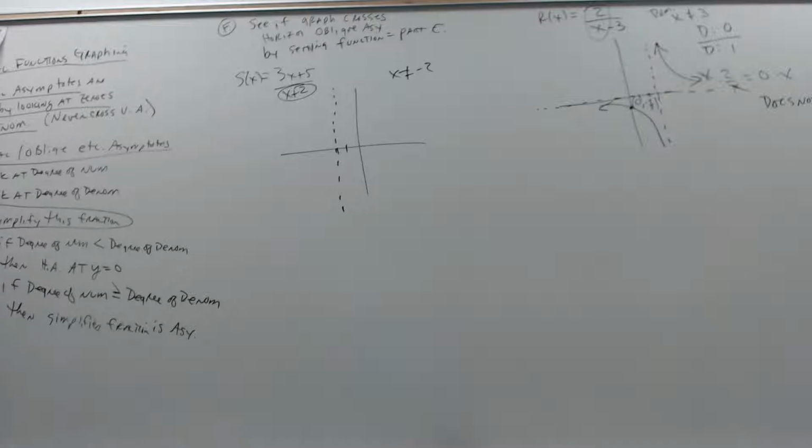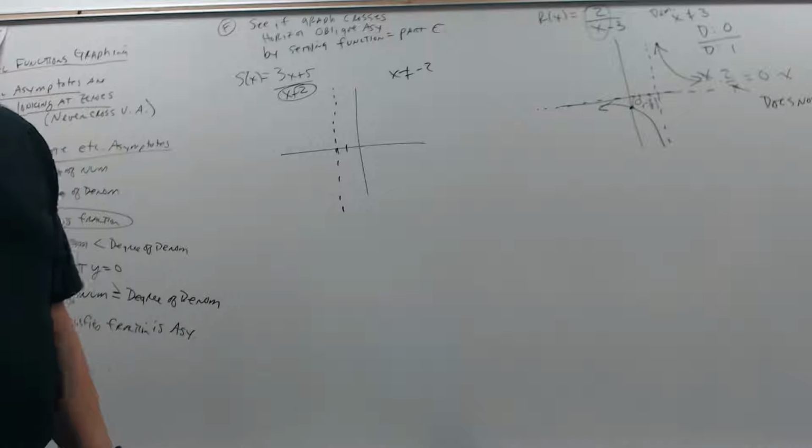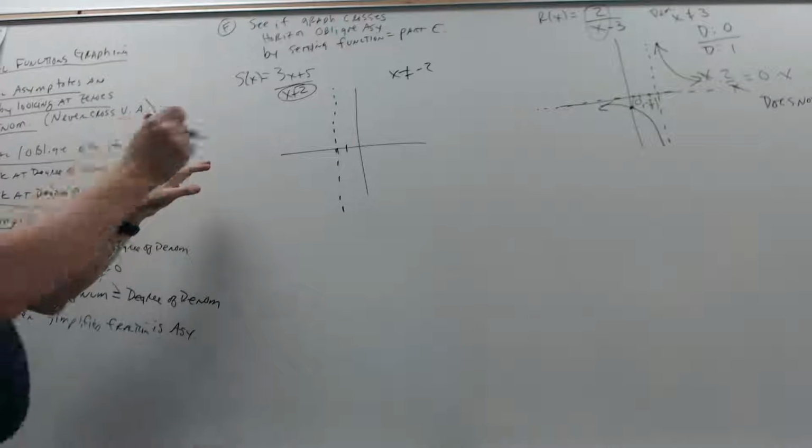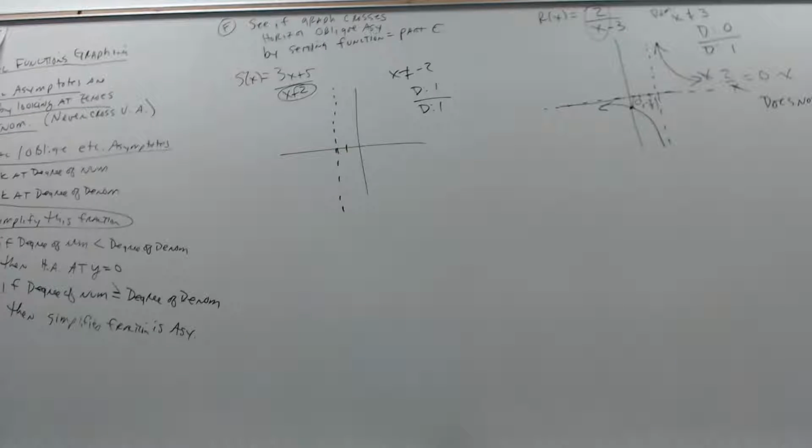Now let's talk about horizontal, oblique, etc. asymptotes. Look at the degree of the denominator. The degree of the numerator is 1. Degree of the denominator is 1. So they're equal. Okay, so this part D does not apply. If the degree of the numerator is greater than or equal to the degree of the denominator, then we use the simplified fraction.